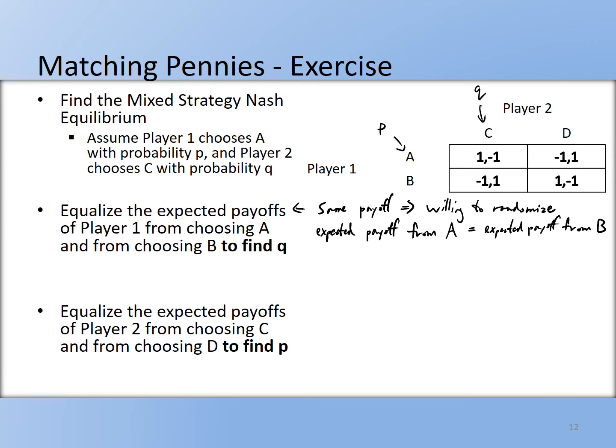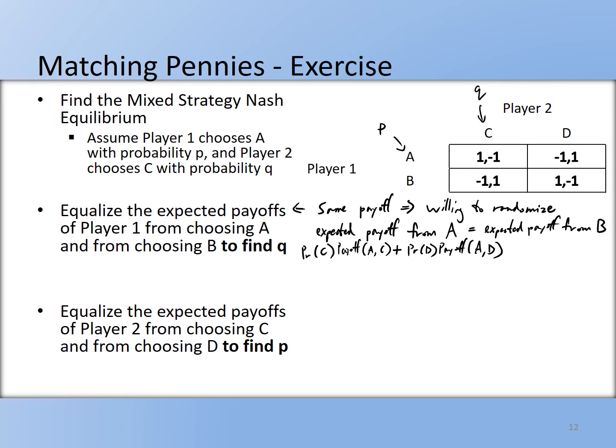Okay, so just to make it very clear, you have probability of action C multiplied by the payoff of AC, plus probability of D multiplied by the payoff of AD.